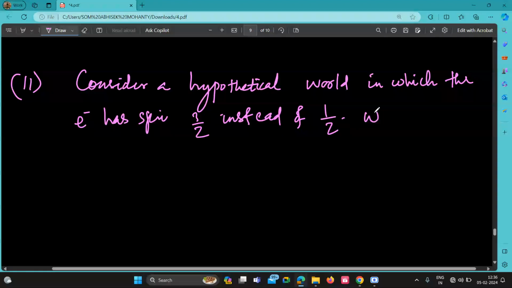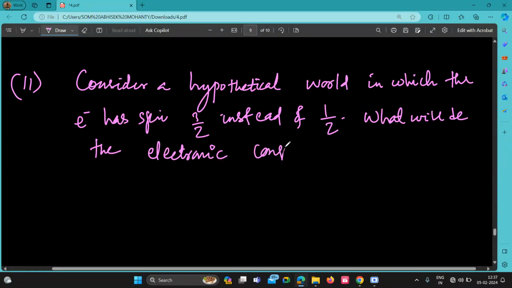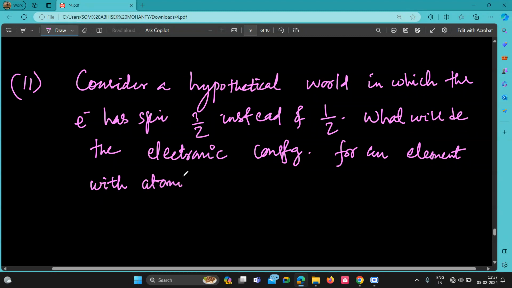What will be the electronic configuration for an element with atomic number Z equal to 5?